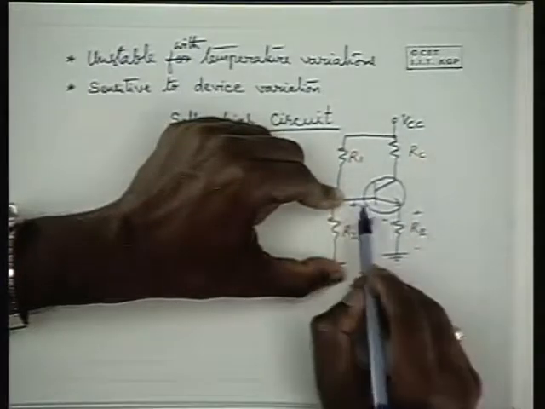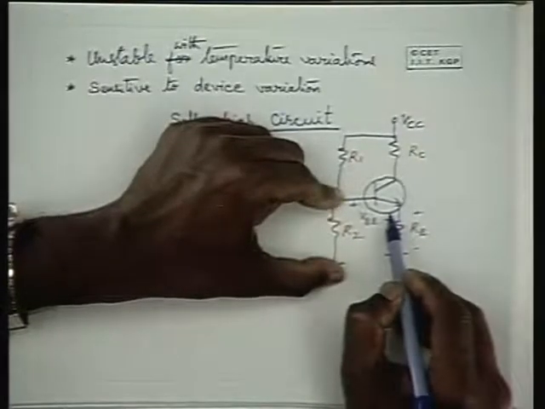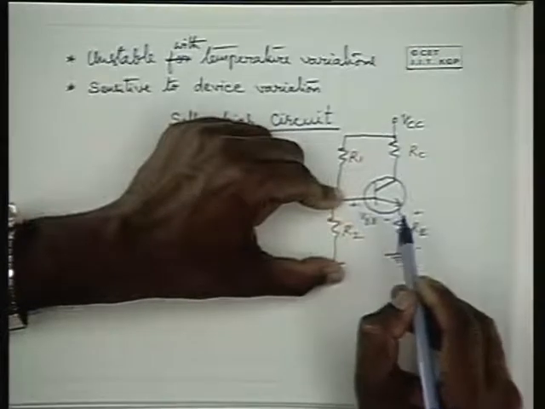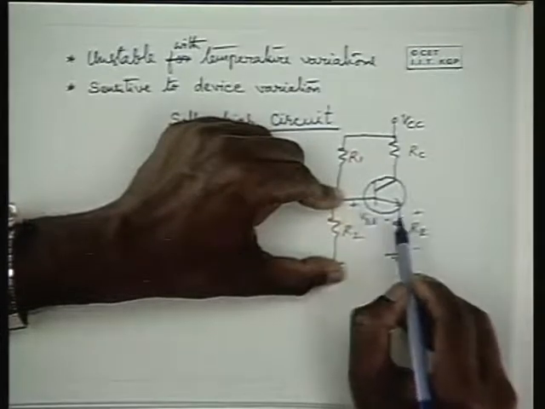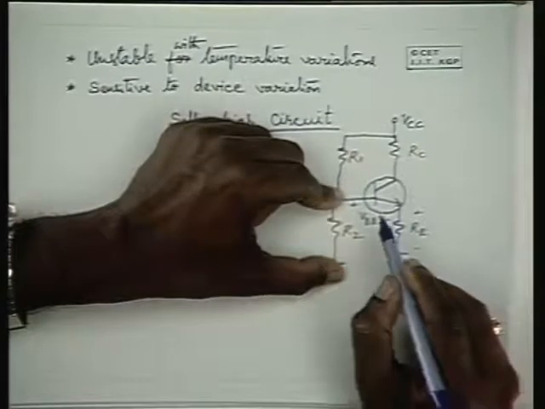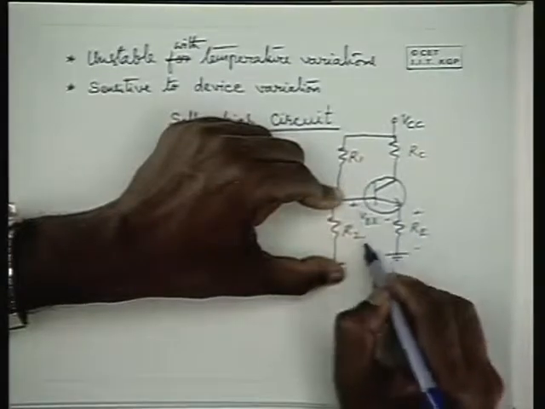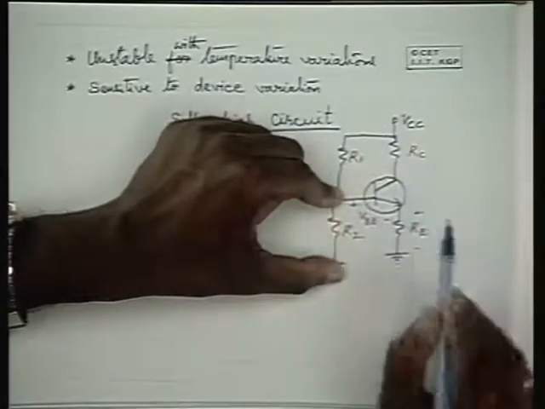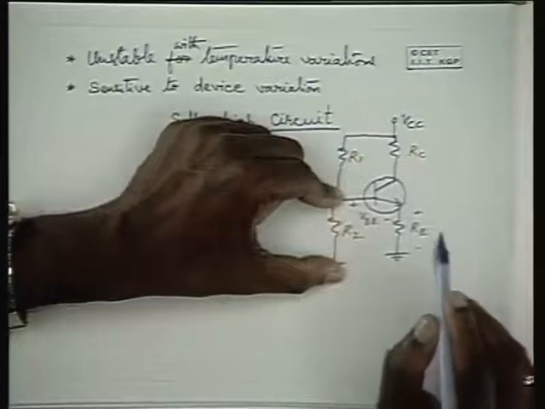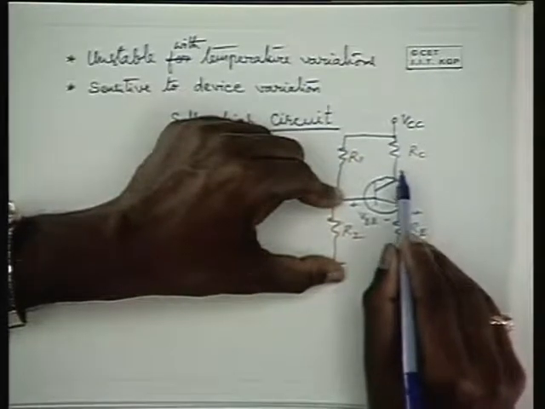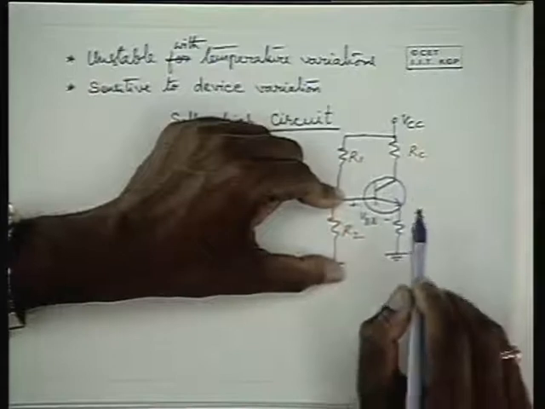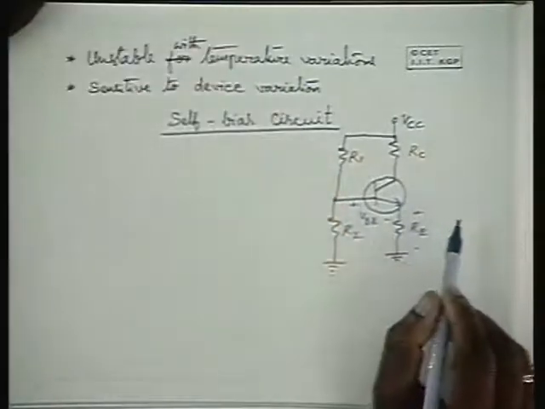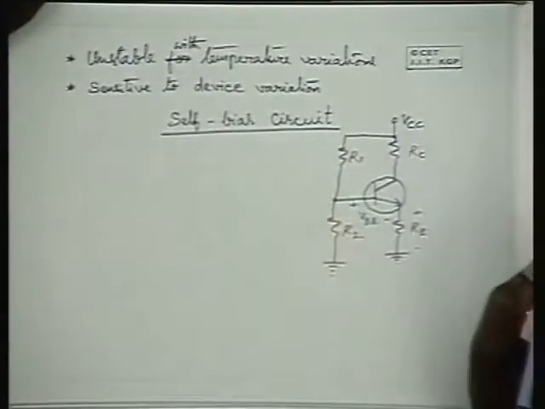When base to emitter potential decreases, naturally IB decreases, and when IB decreases, collector current decreases. So a tendency to increase the collector current reflects as a reduction in the collector current.